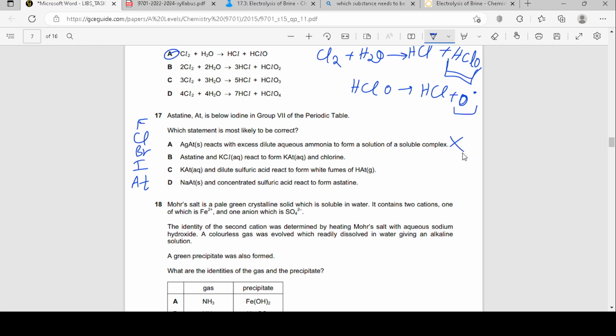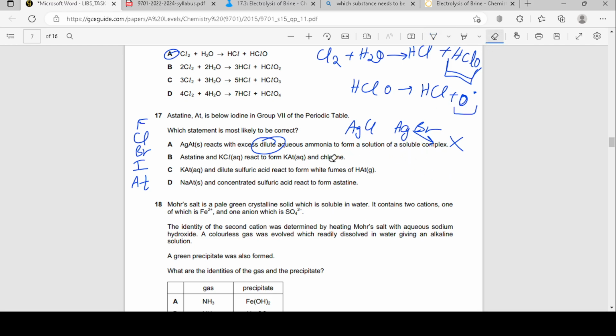That is not likely to be true because you know how we have AgCl, AgBr, and AgI. So AgCl in dilute aqueous ammonia gives you [Ag(NH3)2]Cl, right? It does that. But then AgBr, if it's dilute aqueous ammonia, you will not get a complex with AgBr.